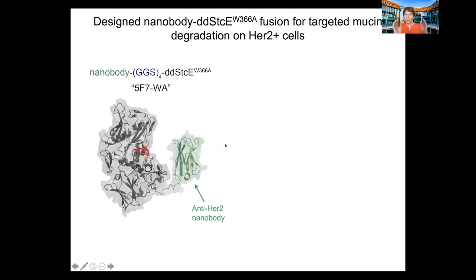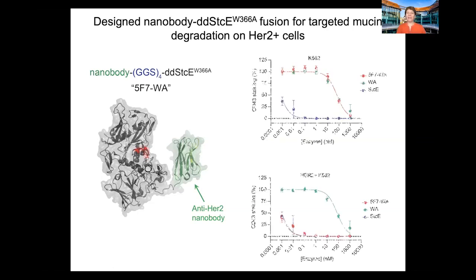And so to get that parking functionality, we fused our relatively dead sticky enzyme to a nanobody that binds HER2. So this is now a reagent that will park on the surface of HER2 positive cancer cells and only take the mucins off of those cells.